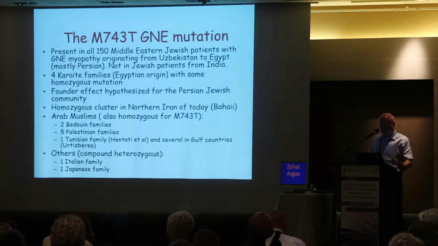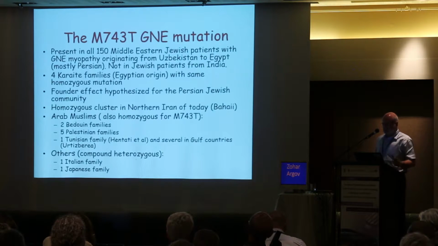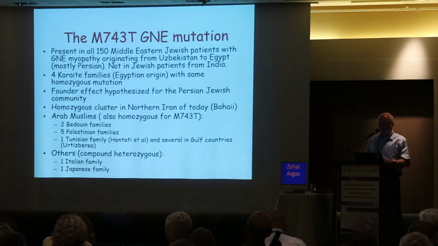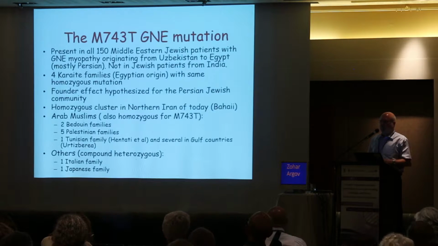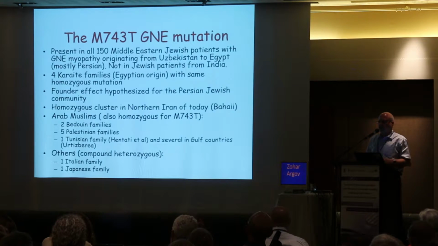Recently, my colleague from Paris, Anthony Ortiz-Beria, has found that there is a cluster of patients living in Iran today. Many of those are Baha'is, homozygous for the same mutation.